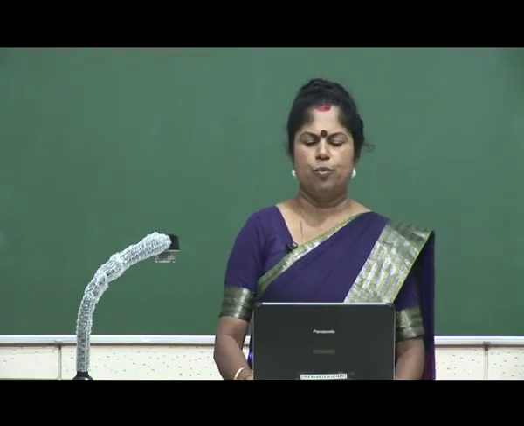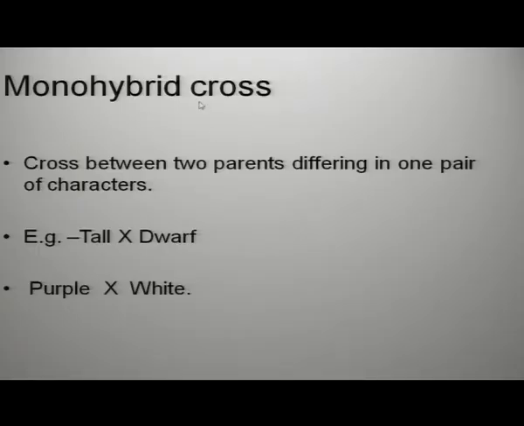Now, we will move to the next aspect, the basic of genetics, monohybrid cross. Mono means single, a cross involving 2 parents, and these 2 parents are differing in 1 pair of contrasting characters. So, a cross involving 2 parents differing in 1 pair of contrasting characters is called a monohybrid cross.